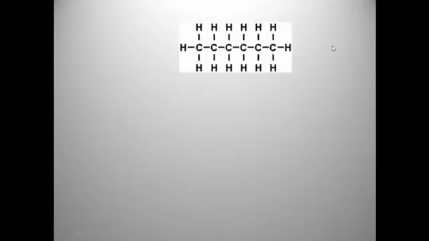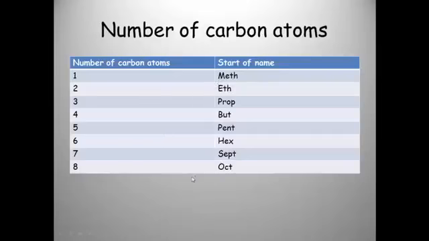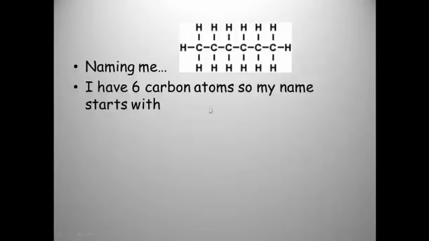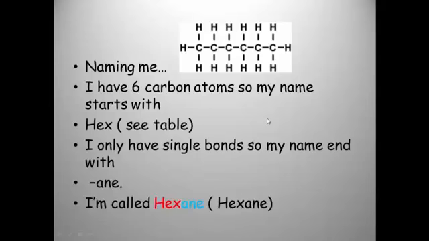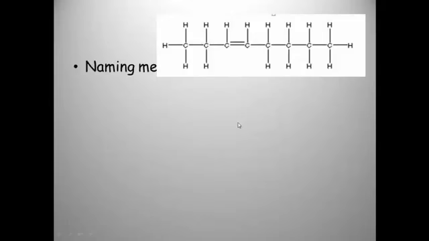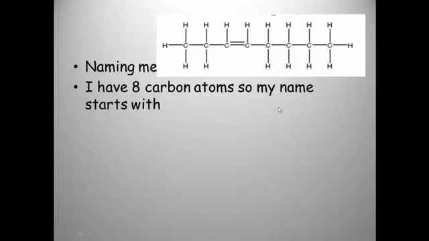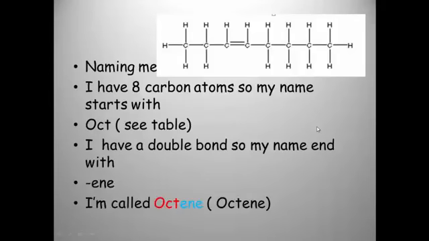If it has 8, it's going to start with oct. And only single bonds, so it's going to end with ane. So it's going to be, no, I've gone to the wrong one. Sorry. 1, 2, 3, 4, 5, 6, 7, 8. 8 carbon atoms, has a double bond, so it's going to be octene. So there we go.